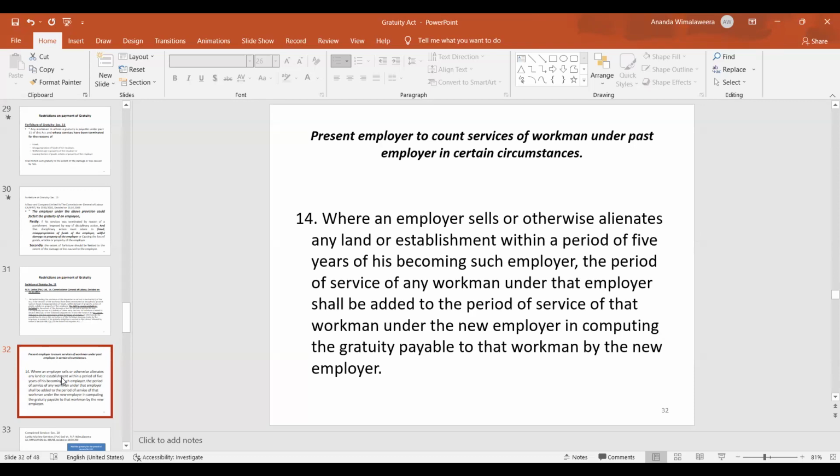Where an employer sells or otherwise alienates any land or establishment within a period of 5 years of his becoming such employer, the period of service of any workman under that employer shall be added to the period of service of that workman under the new employer in computing the gratuity payable to the workman by the new employer. This means if company X is taken over by company Y, then for workers with less than 5 years of service in X who are taken into the new company, the liability to pay gratuity goes to the new company. Is that clear?